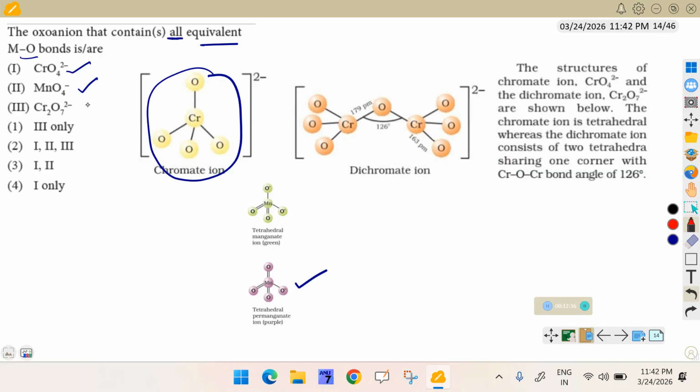Cr2O7 2 minus does not contain all equivalent MO bonds, because here two types of MO bonds are present. One bond length is 179 picometers, another MO bond length is 163 picometers. So 1 and 2 only are correct answers.